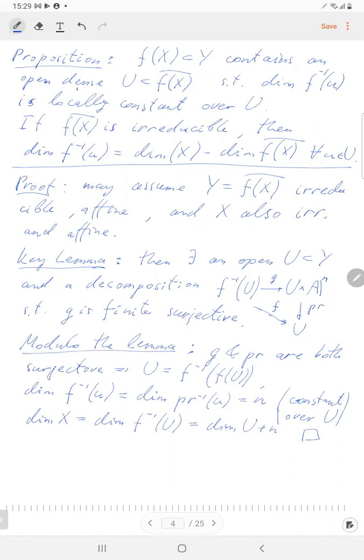So let's do this on the next page. So essentially a minute that I proved half a year ago.